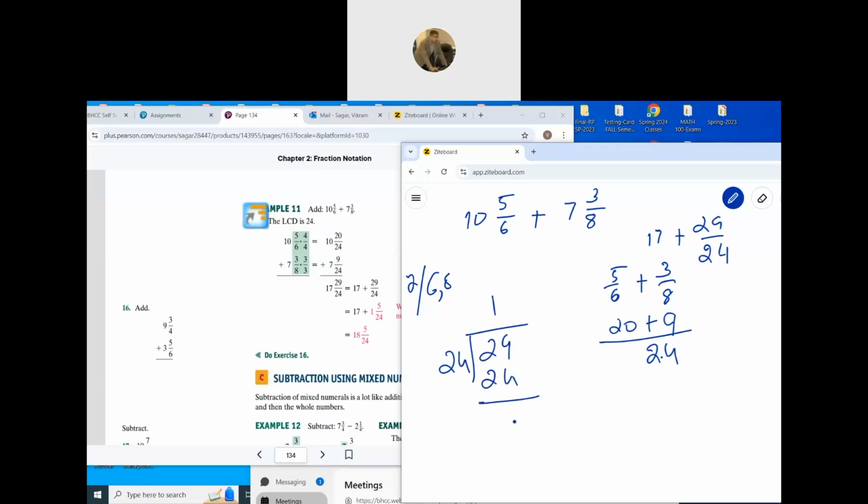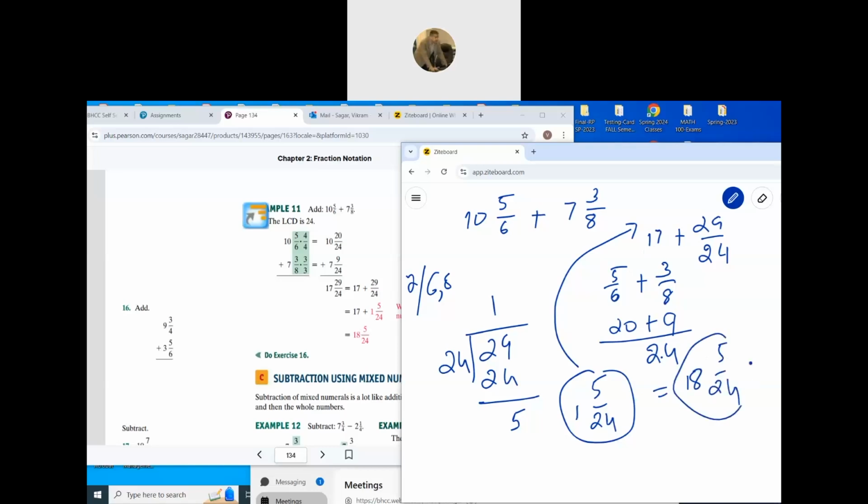Plus what's left, 9 take away 4, which is 5. So I could write this number like 1 and 5 over 24. So now I'm gonna add here, 17 plus 1, which is 18, and then you have 5 over 24.